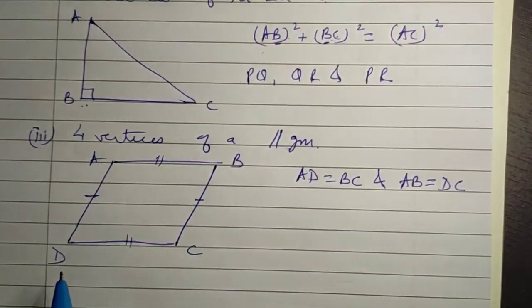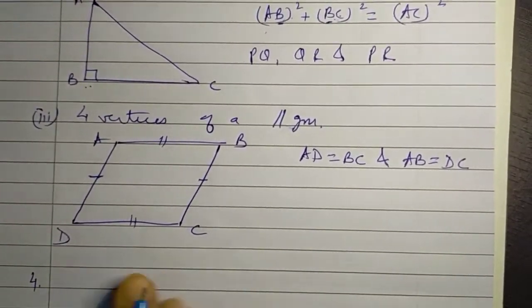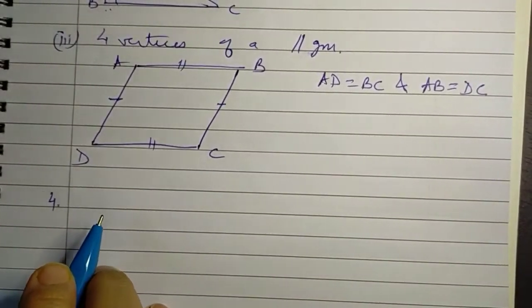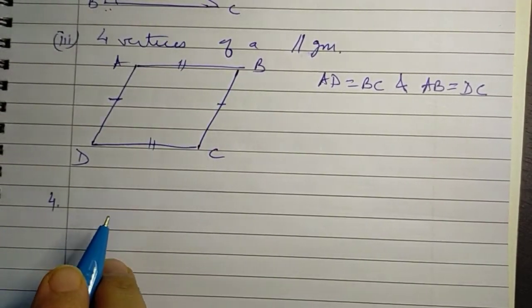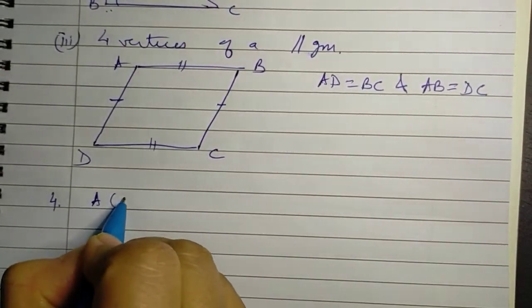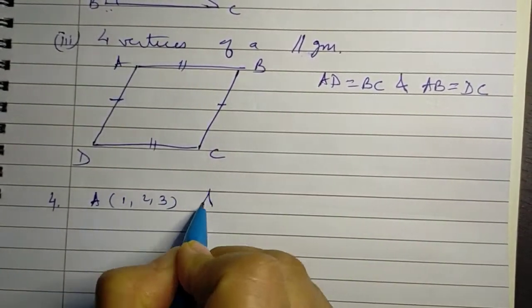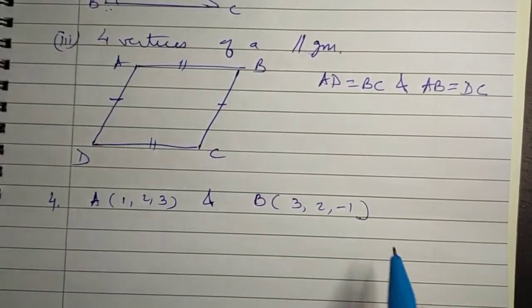Okay, now the fourth question is question number 4. Find the equation of the set of points which are equidistant from 2 points. So let the 2 points be A equal to 1, 2, 3 and B equal to 3, 2, minus 1.